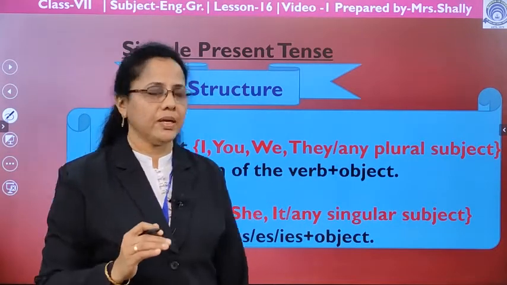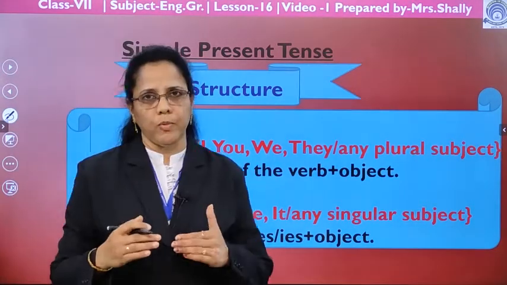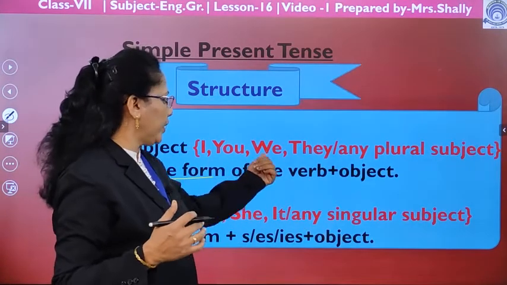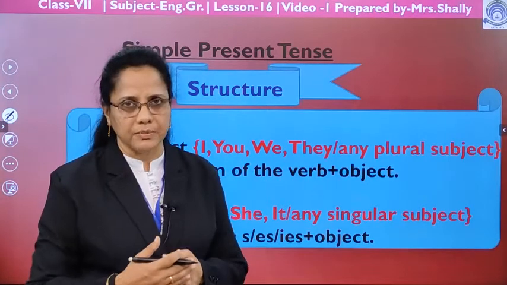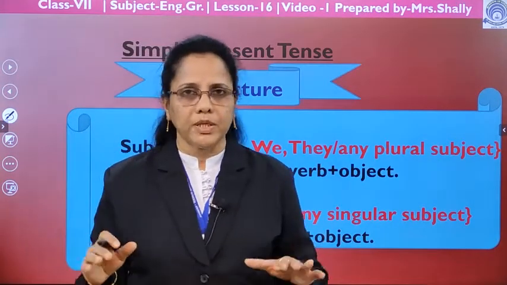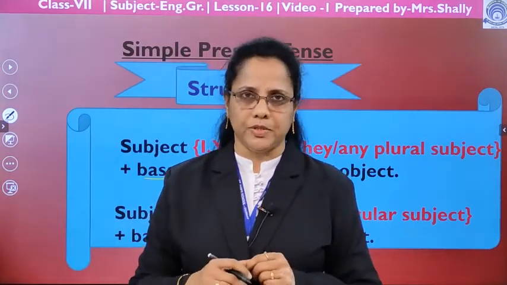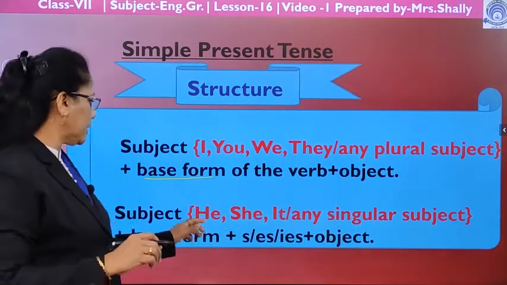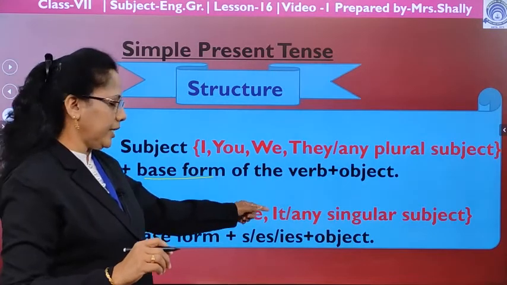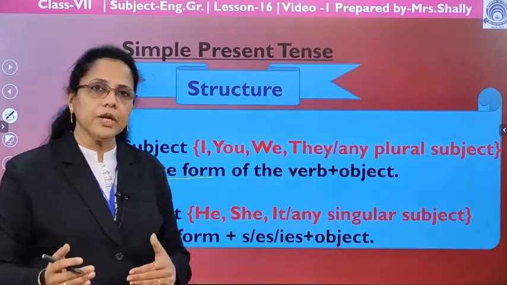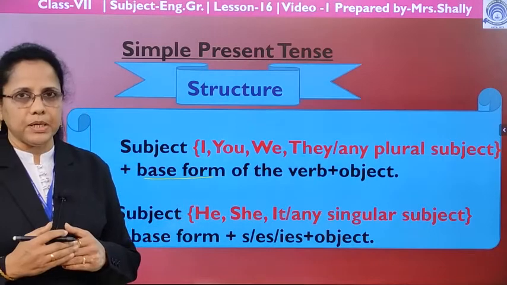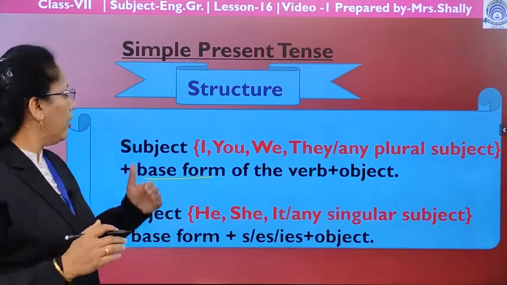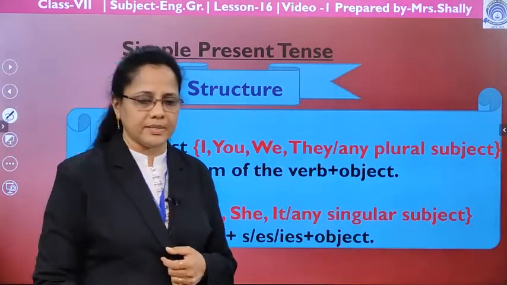The base form, that is the first form of the verb, is to be used. Then if the subject is singular or the pronouns he, she, it or any other singular subject, then that subject plus the verb with s, plus object, is the structure of simple present tense.